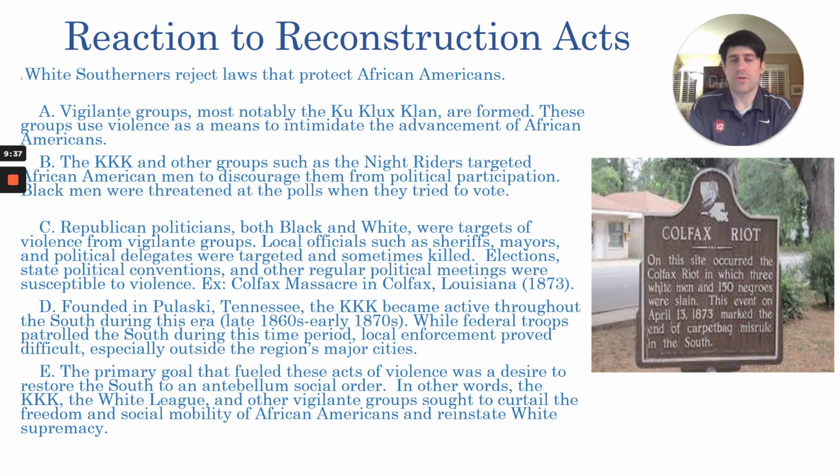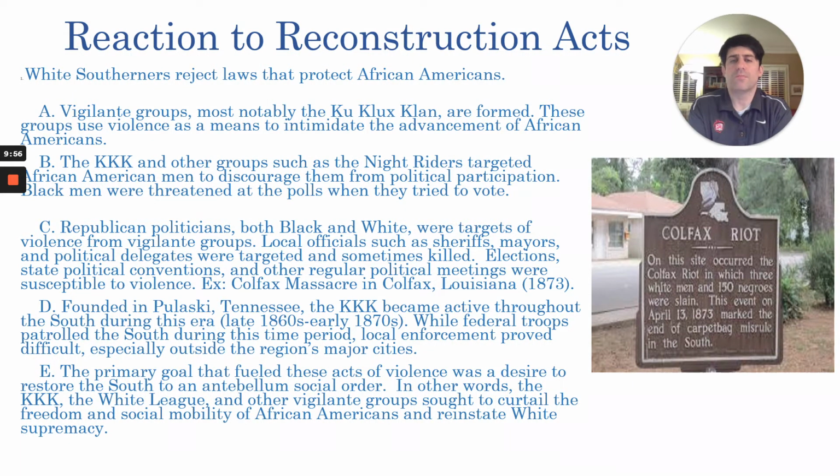No historian really knows for sure, but that's an example of the types of violence that these vigilante groups would carry out if they had the opportunity. And they had the opportunity because local enforcement proved very difficult.